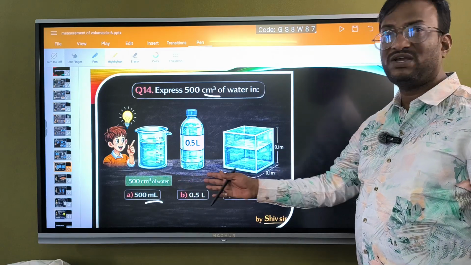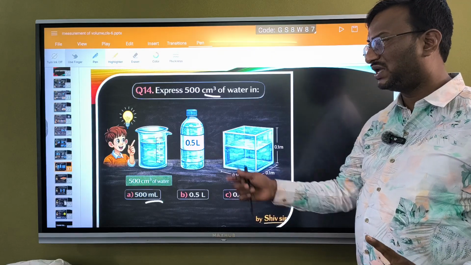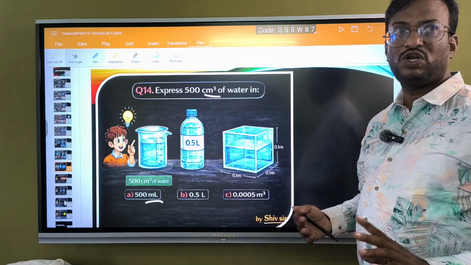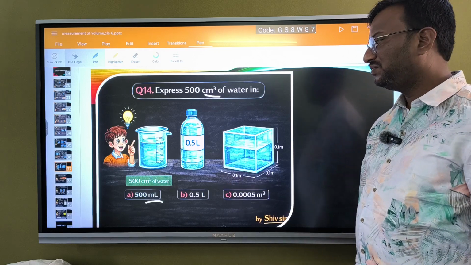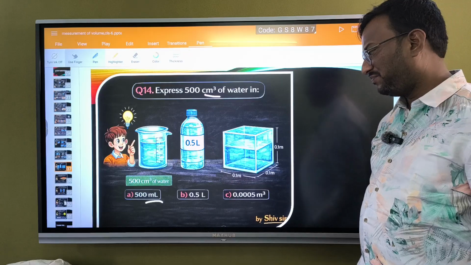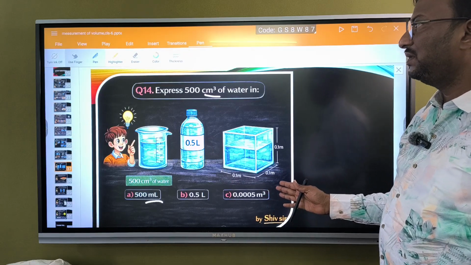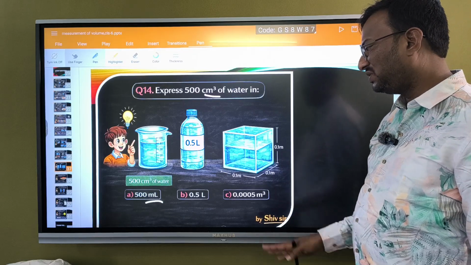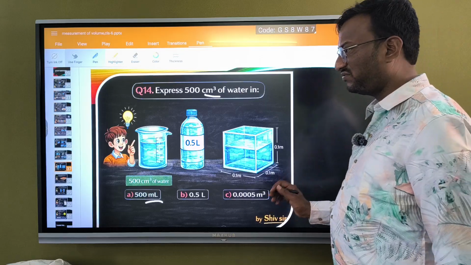That 500 ml is equal to 0.5 liters because 1 liter is equal to 1000 ml. In meter cube, that is 0.0005, with 3 zeros after the point.